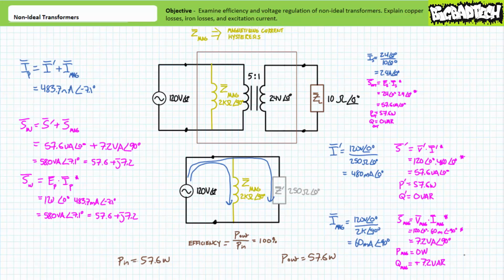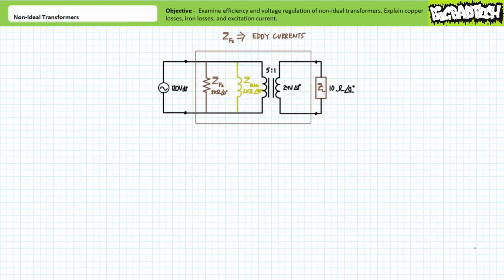This being said, the differences are pretty small, and the total amount of real power supplied to this transformer is indeed being totally consumed by the load. Efficiency with respect to real power remains 100%. The relatively small 7.2 VARs of reactive power simply accounts for the reactive nature of the transformer windings. Let's step this up a notch and see if we can account for iron losses associated with eddy currents.